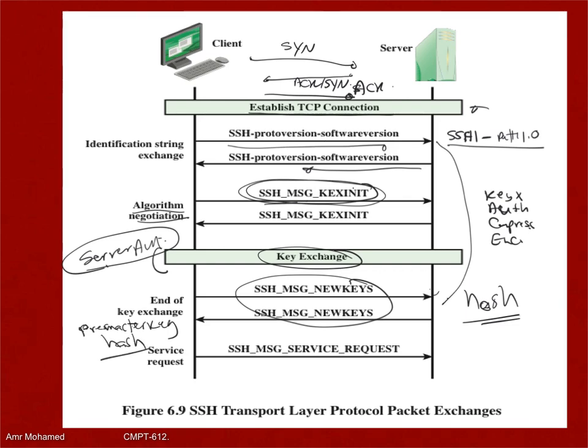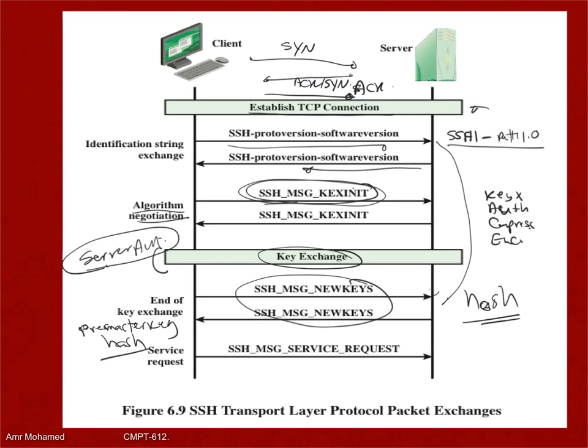The hash is based on all the messages that have been exchanged, and the pre-master key is exchanged as part of the key exchange, like Diffie-Hellman. So both the server and the client now have a pre-master key and a hash.